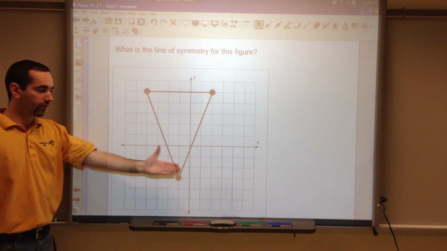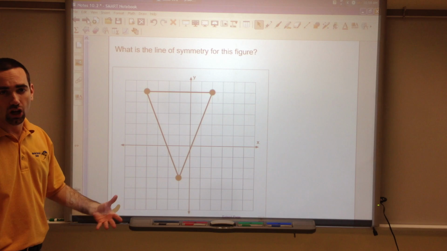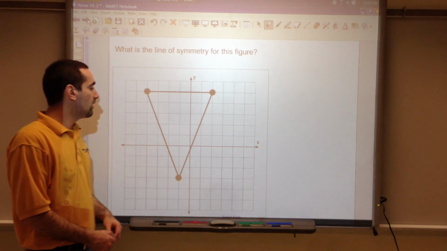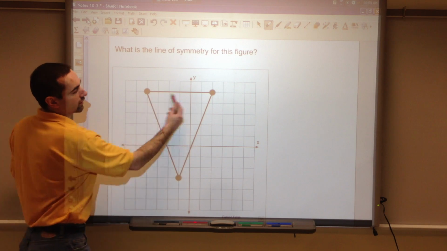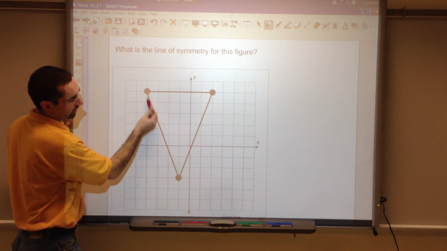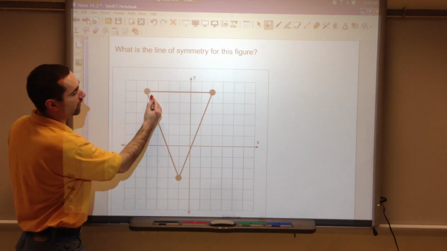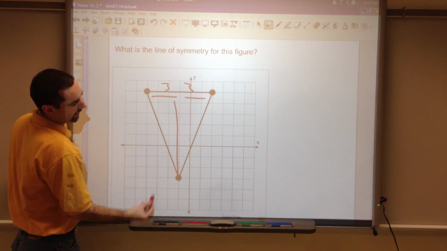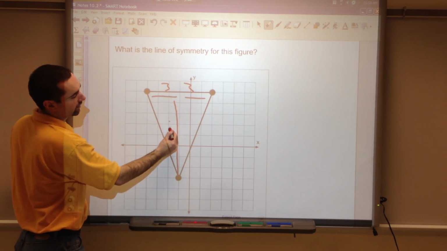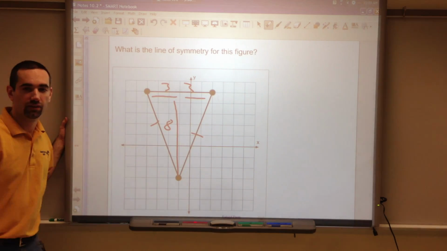What is the line of symmetry for this shape? Now we're actually looking for an actual equation of a line. Now, just glancing at it, this is shorter than this and this. Now, with a little bit of thought, I can tell, look, over 3, and then down 8. So that means this and this are congruent.